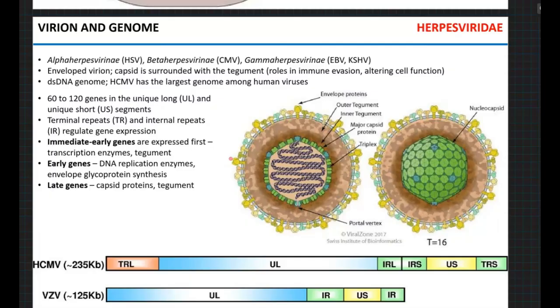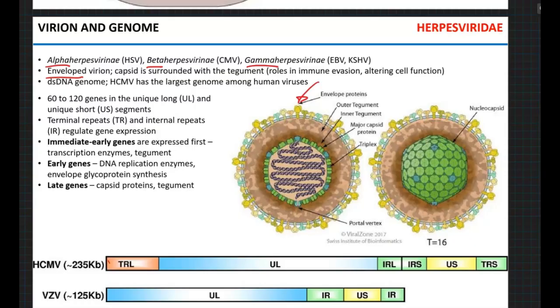Human herpes viruses are divided into 3 large groups: alpha, beta, and gamma herpes viruses. They are large. They have the envelope as part of the virion, so they're not particularly stable. Okay?